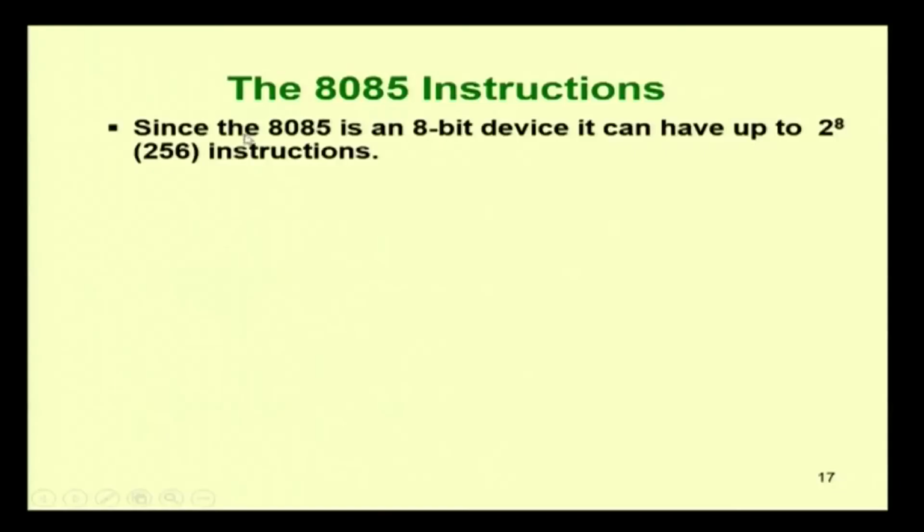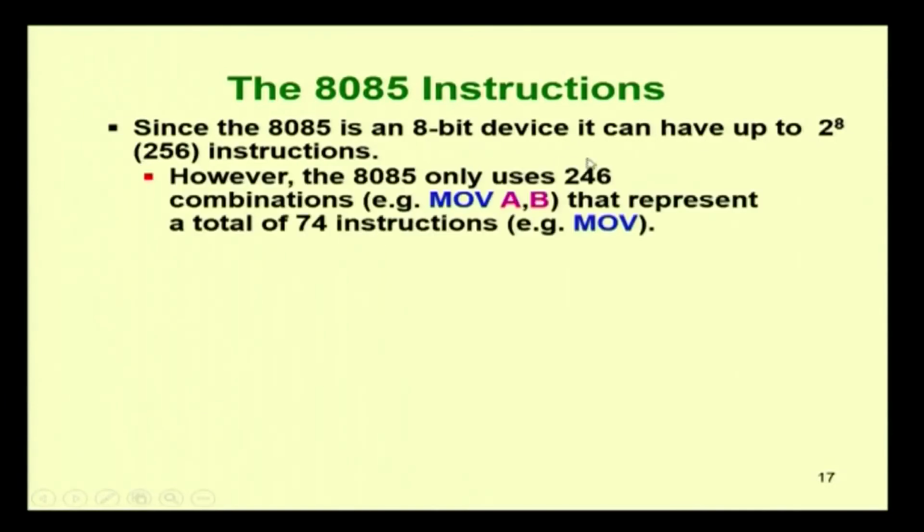With 8 bits you can have 256 combinations. So, it is possible to have 256 instructions, but we use only 246 instructions, with all the combinations. But the basic instructions are only 74, and with the combinations of all the instructions, everything works out to 246.